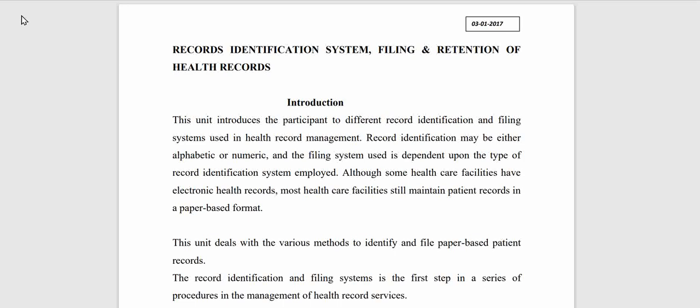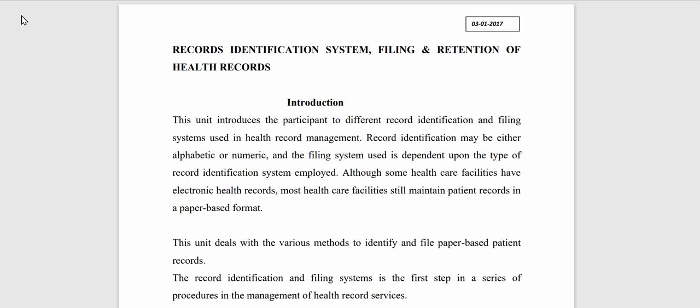So even if technology is there, there is still a need for paper-based records within hospitals. We are going to be dealing with various methods to identify paper-based file records, and also different identification and filing systems. We shall be talking about different procedures for identification and filing as well.